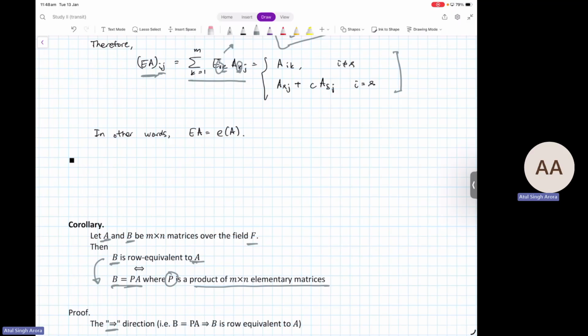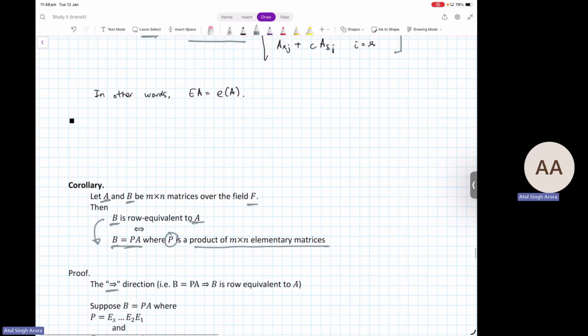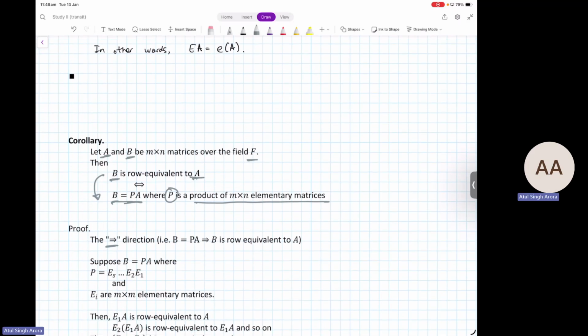Anybody else want to try after hearing this? Okay, so it's okay if you couldn't figure it out, but just take a minute, think about it, and try to recall, right? What was the definition here?